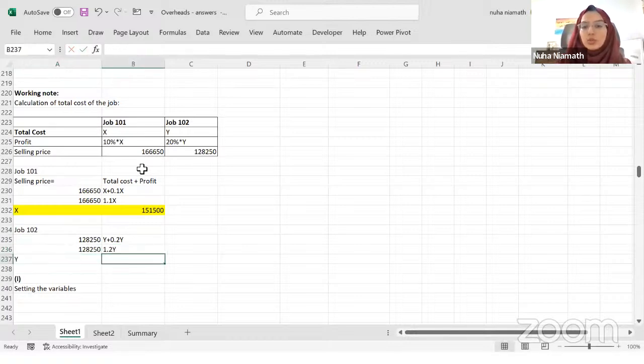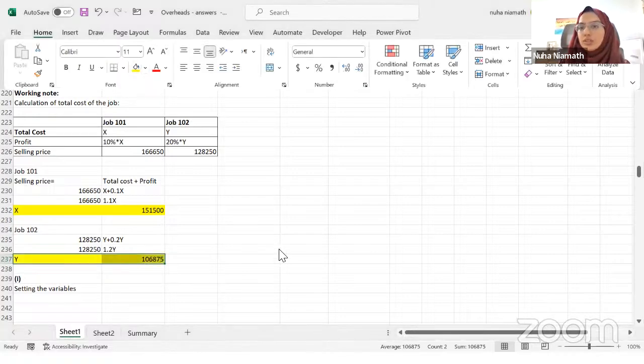So Y is equal to 128,250 divided by 1.2, which is 106,875. So everybody has gotten this answer.